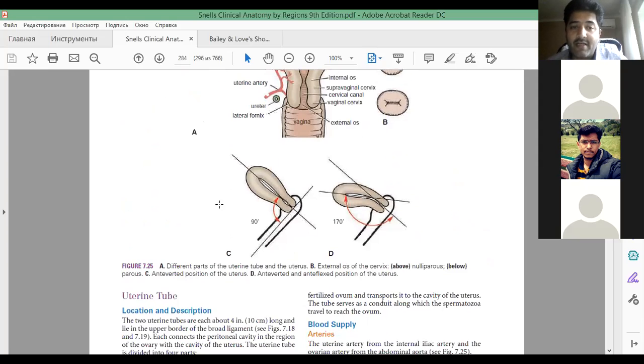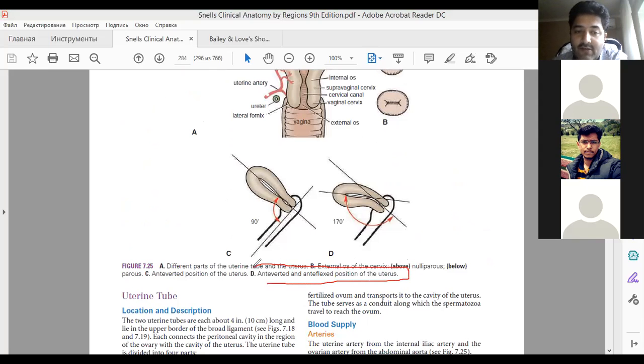Now, other points relating to the uterus. Now, the uterus is in this position. This is known as anteverted and anteflexed position of the uterus. This is the vagina, this is the rectum, and here your urinary bladder is present, something like that.